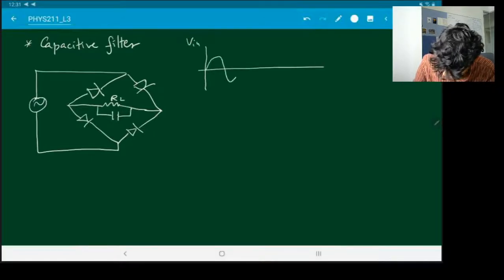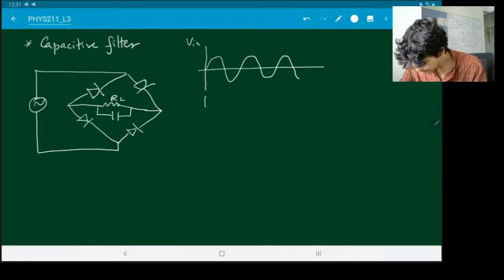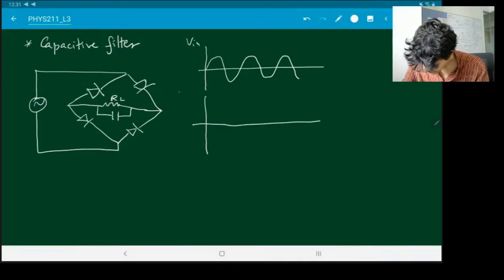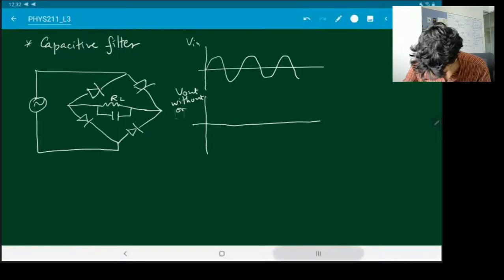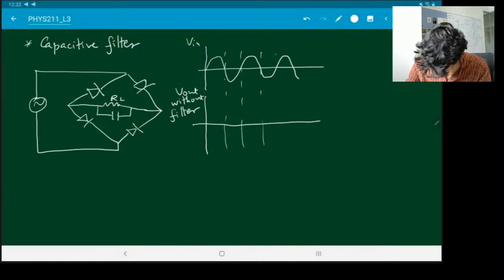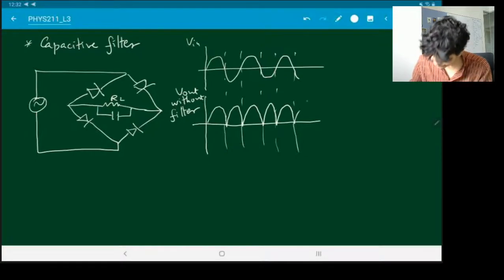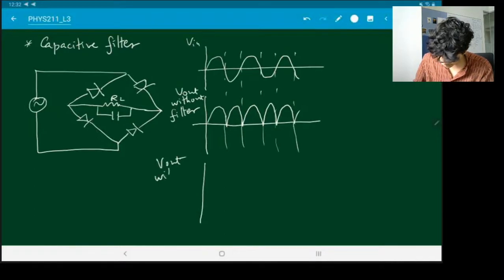So input is again sinusoidal. The output without the filter, so what we did before, and finally the output with the capacitive filter.